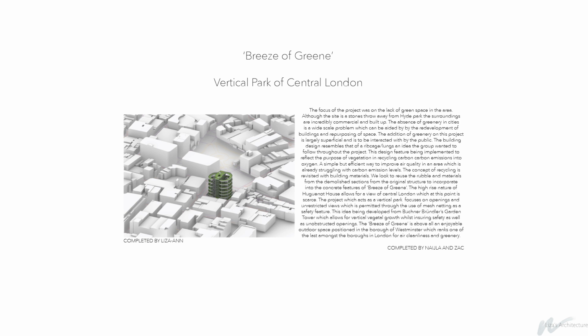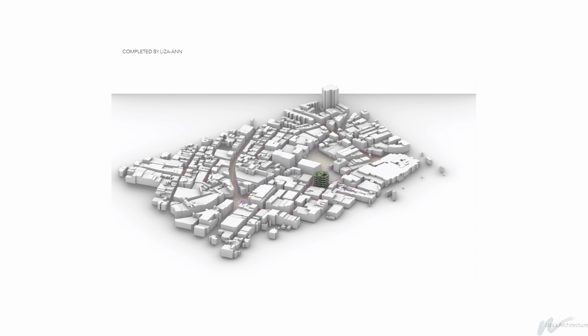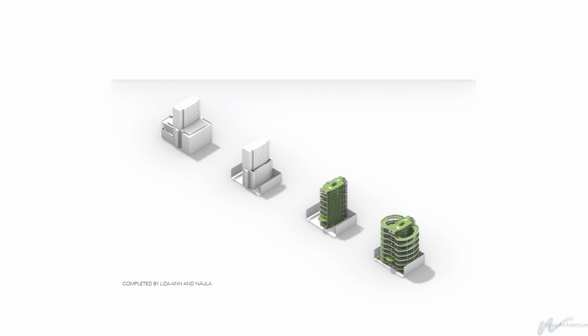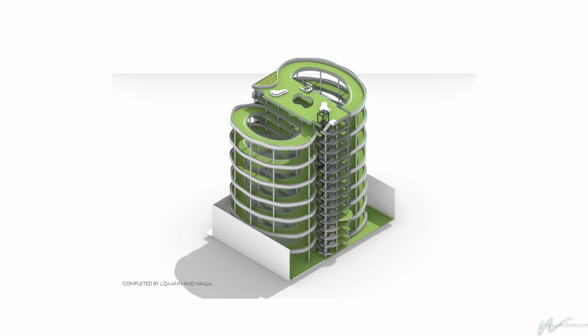The Breeze of Green is the project we finalized on, where we created a vertical park. There's a lack of greenery in the city, specifically the inner city, as well as a lack of viewing points.